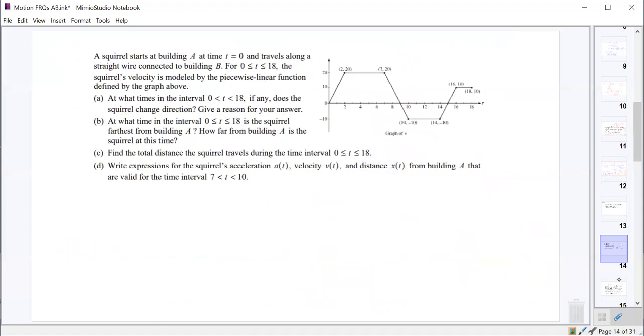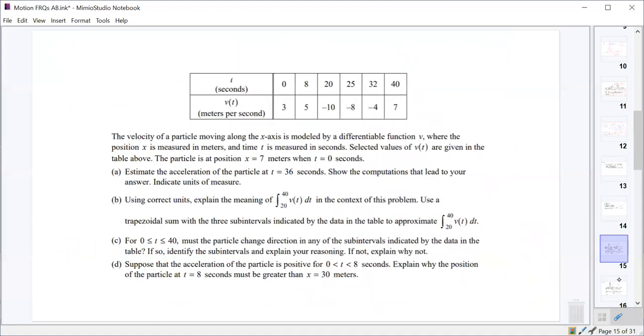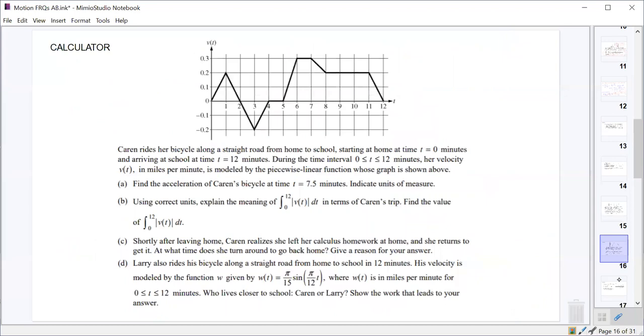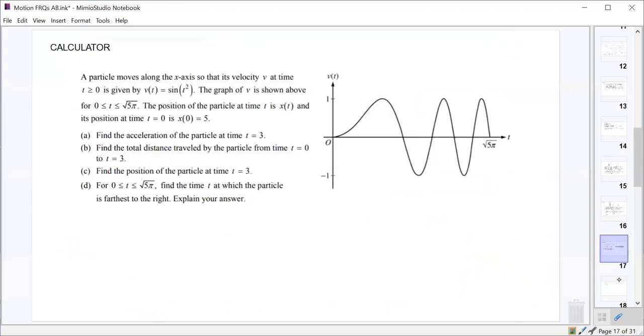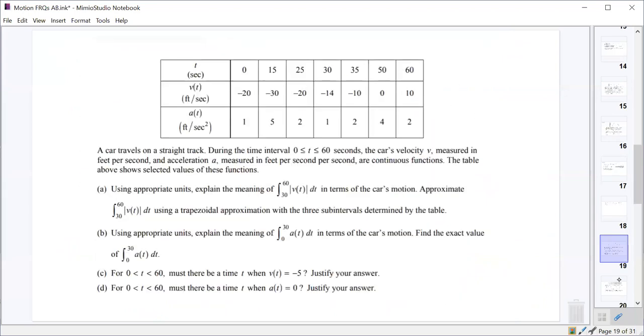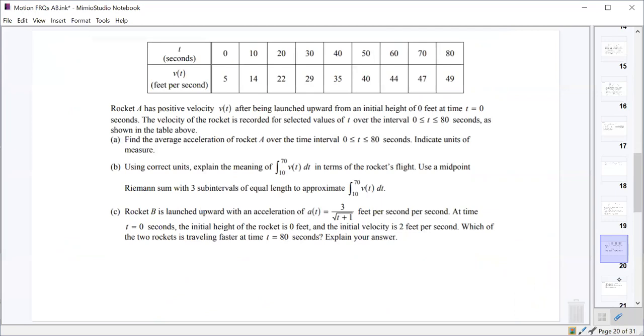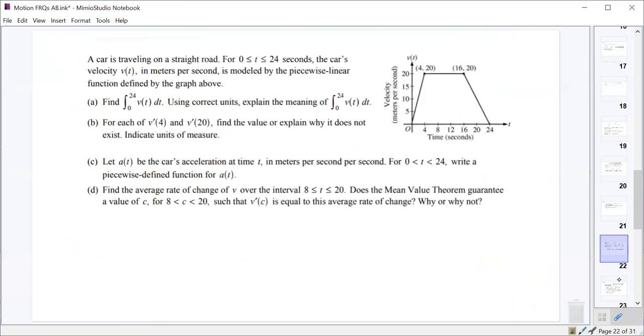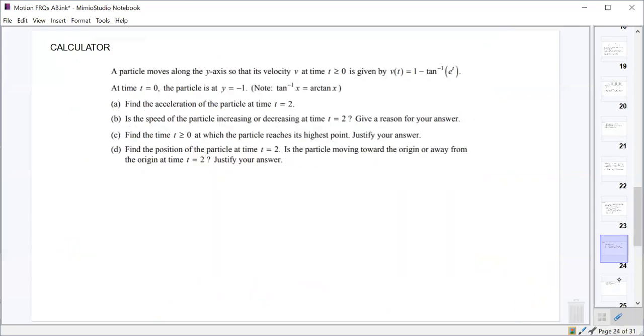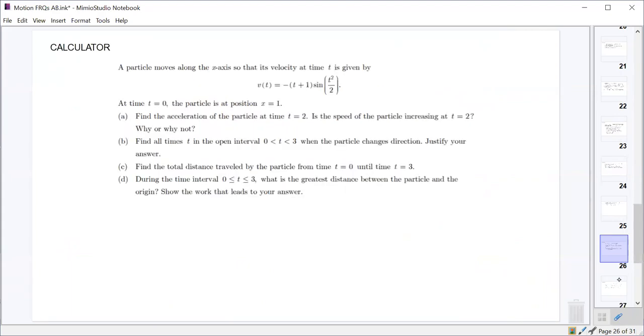It doesn't happen that often. I'm just kind of scrolling through here. I don't see one so far. Yeah, I don't see another one that's got a related rate in it.